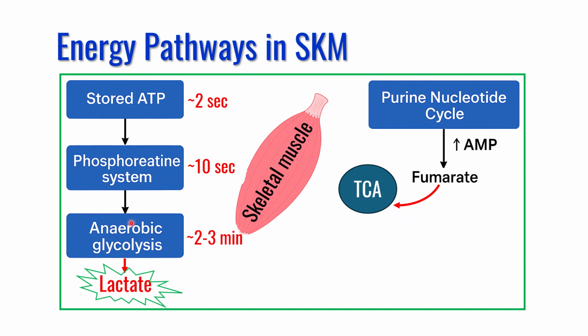Anaerobic glycolysis also produces lactate. Additionally, as ATP is depleted rapidly and the AMP level is increased, the purine nucleotide cycle is activated. This cycle helps maintain energy balance and produces fumarate, which enters the TCA cycle to support prolonged muscle activity.